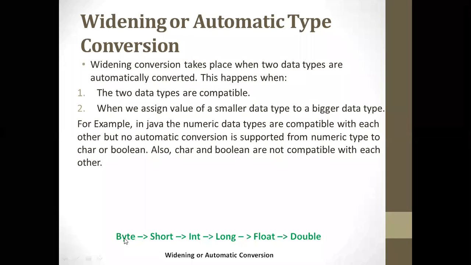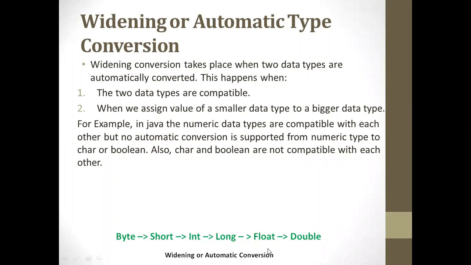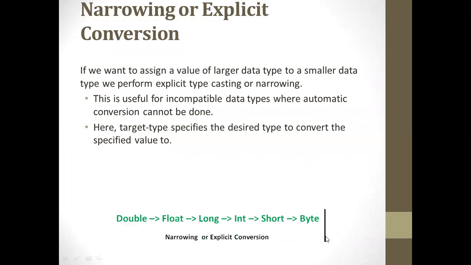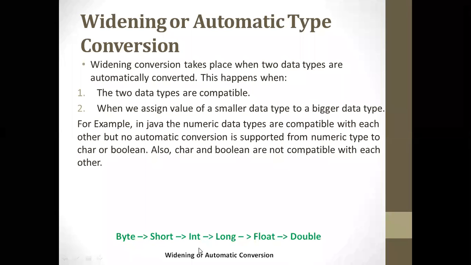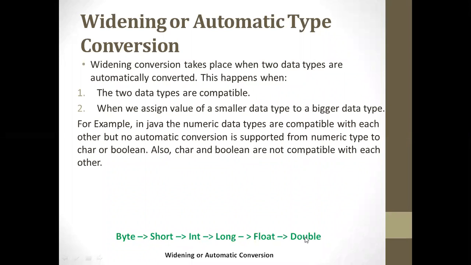Now this is your byte, short, int, long, float, and double. You can see that double has size greater than all of these. So when you want to convert byte to short, int, or double, it will automatically get converted. You don't need to explicitly define it. This process is known as widening or automatic conversion.